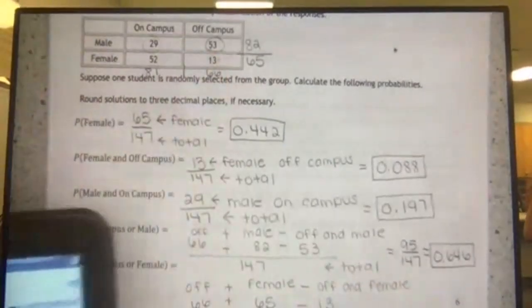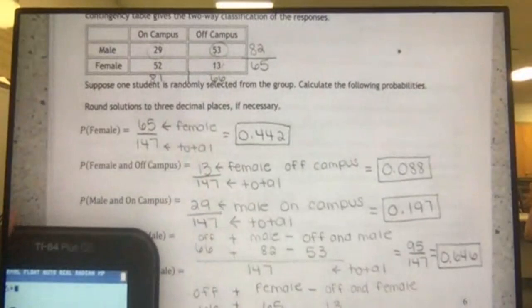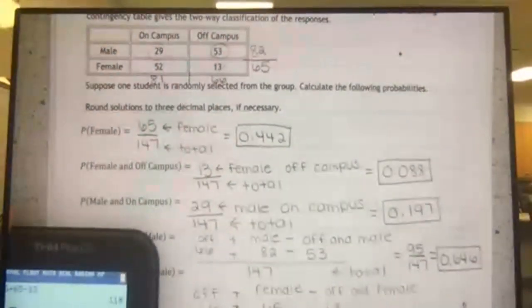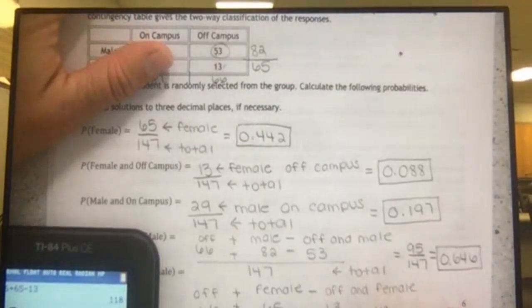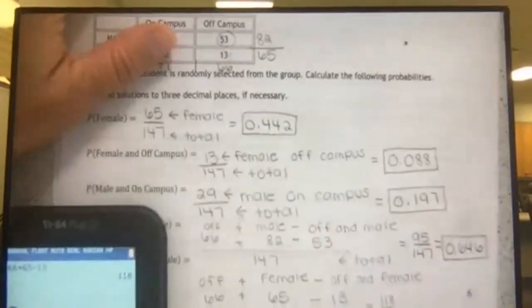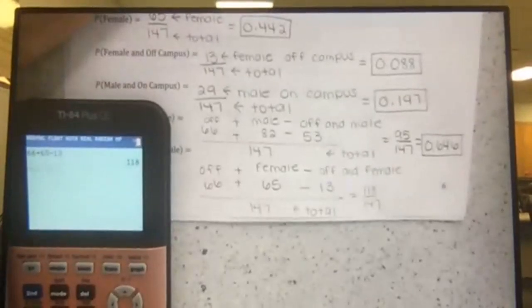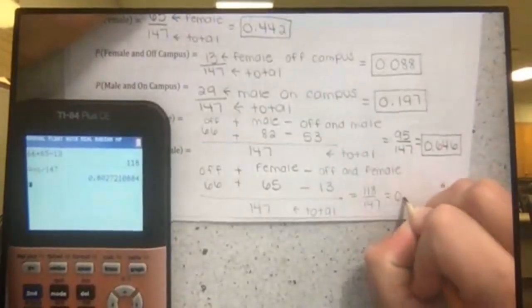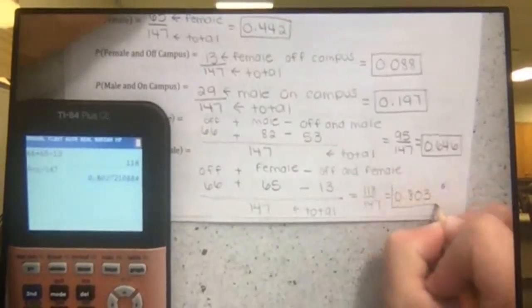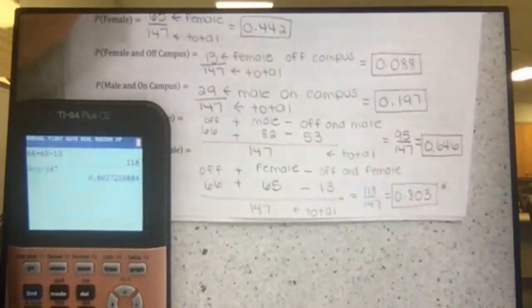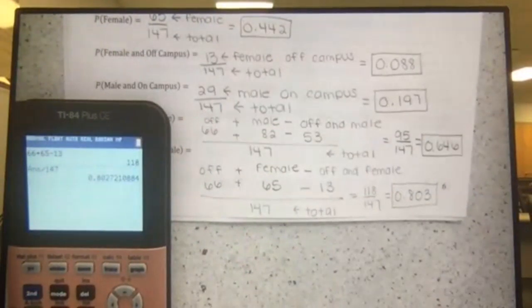In my calculator, 66 plus 65 minus 13 would give us 118 out of our 147, which would give us 0.8027, which will round up to 0.803. And that's it for this page.